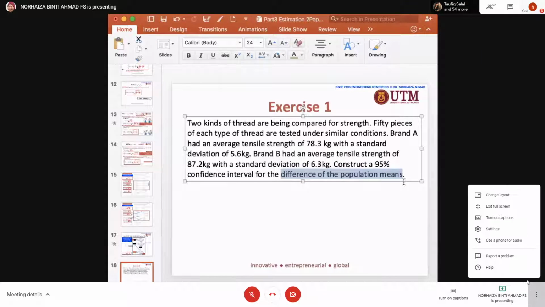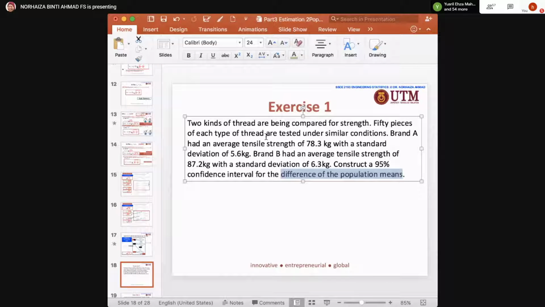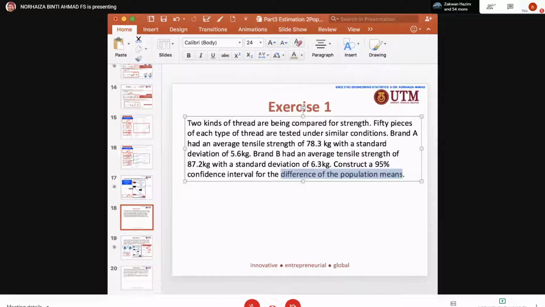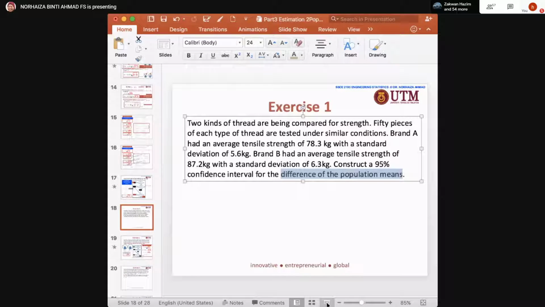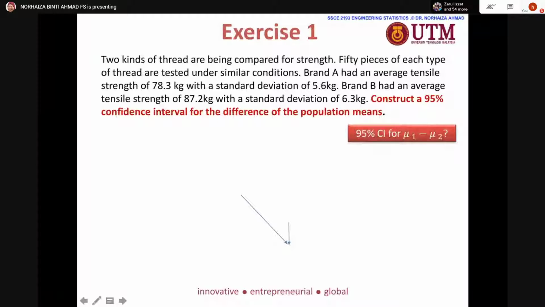Let me show you using the presentation slide. So this is the 95% CI for mu1 minus mu2.